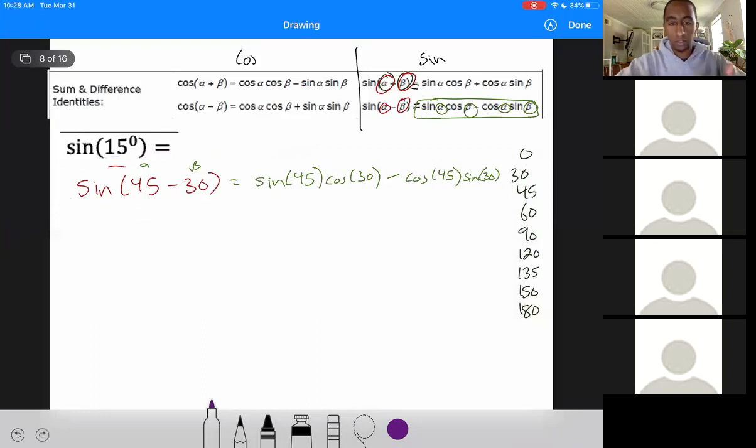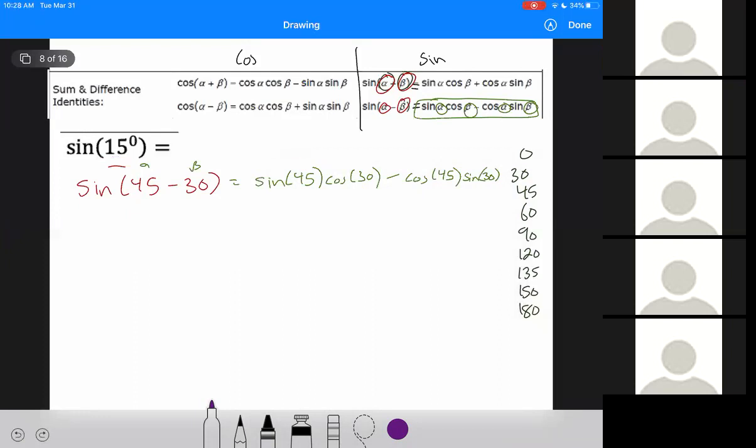I'm going to call on a few of you to tell me what we get here. Fabian, what is sine of 45? Jocelyn, what is cosine of 30? Sophia, what is cosine of 45? And Shatambi, what is sine of 30? We'll start with sine of 45.